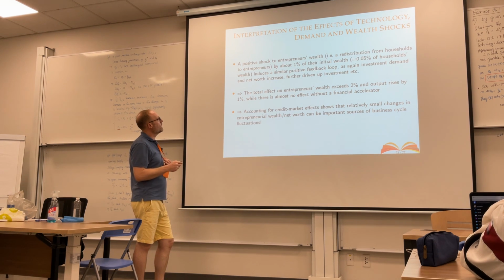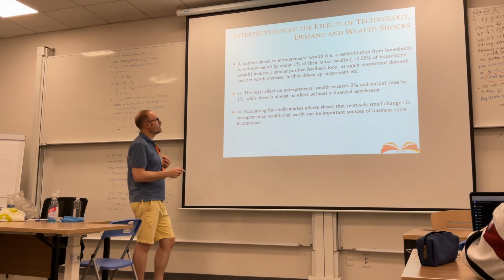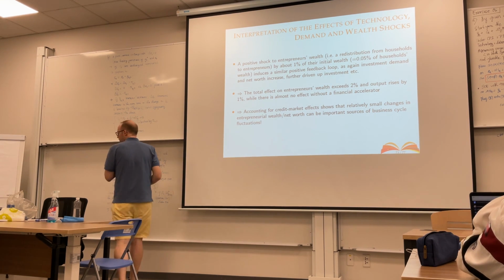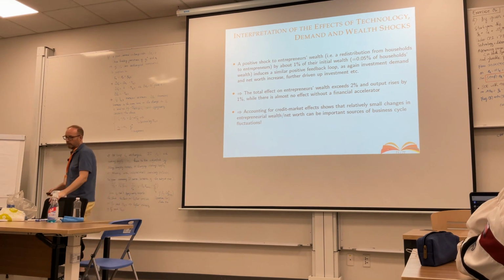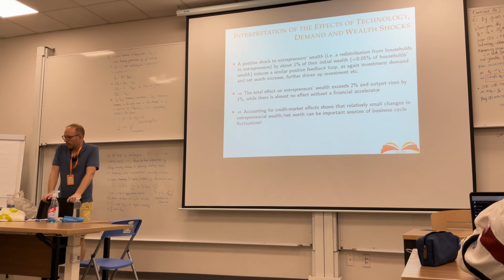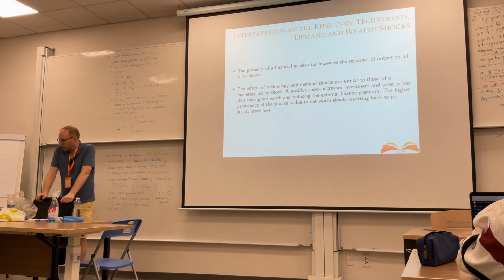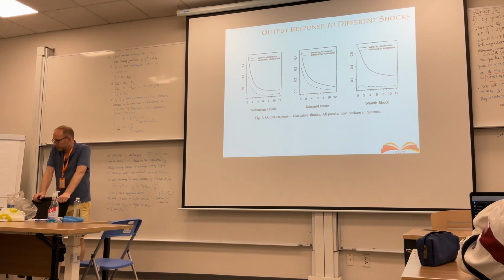If we do this redistribution from households to entrepreneurs, a decrease in household wealth, this is telling us that in the end we'll be better off. In terms of output, this will give us a large boost in production. What it's not telling us here is who gets this production.